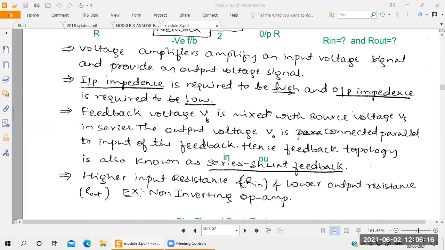For the voltage amplifier, you always have to maintain higher input impedance and lower output impedance. This is the first condition. If we design any voltage amplifier, we have to maintain higher input impedance or higher input resistance and lower output impedance. Understood?